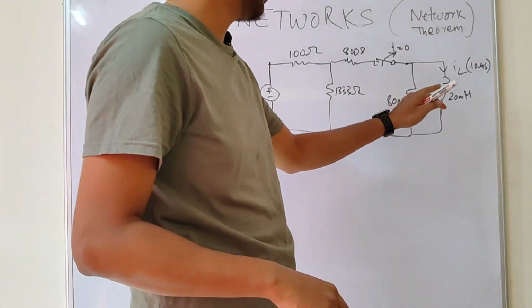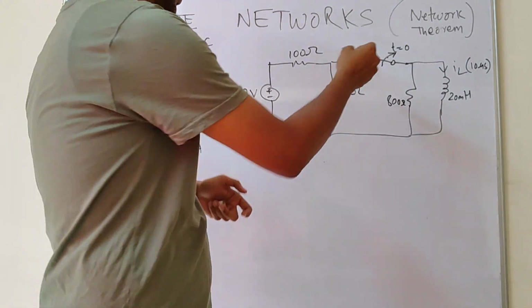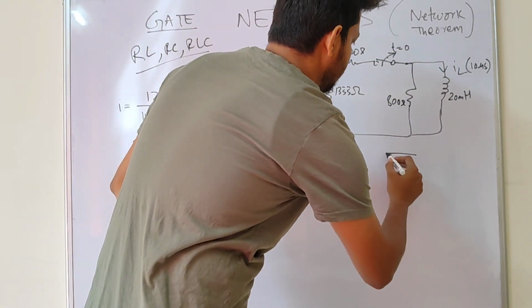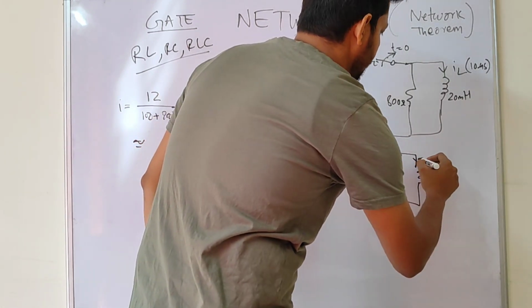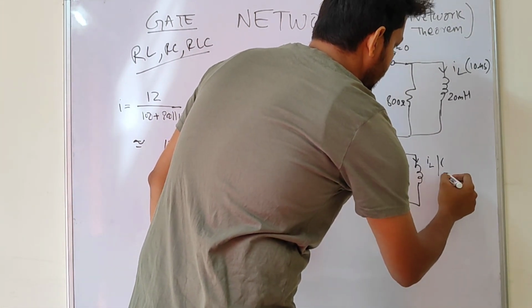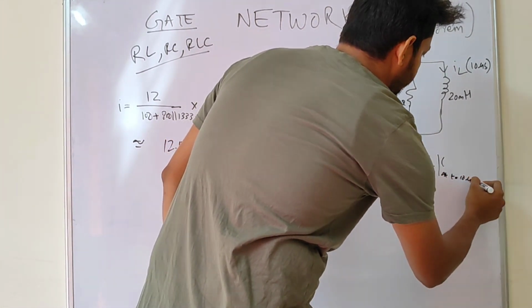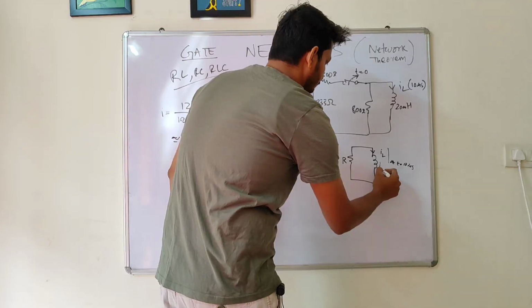Now we know the current initially flowing just before this was disconnected. Now let's disconnect this. If you disconnect this, then the effective circuit would be this. Now they're asking what's the current here at t equal to 10 microsecond. Now this is an RL circuit.